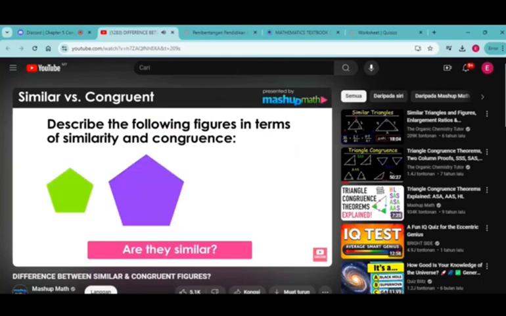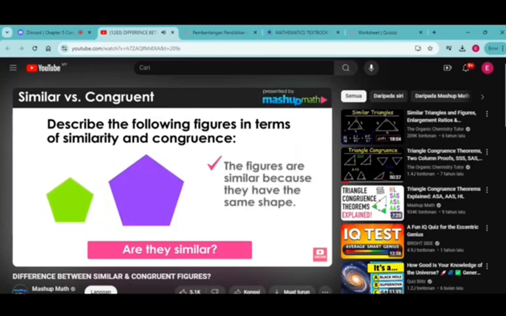And if we can visualize overlapping the two figures, it's easy to see that taking the smaller pentagon and making it larger would make it identical to the larger purple pentagon. Therefore, they are proportional to each other. We can conclude here that the figures are similar because they have the same shape.